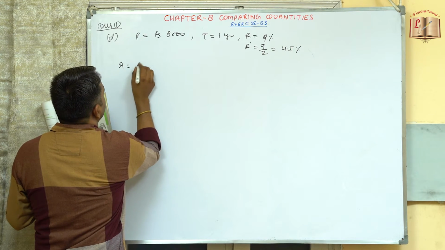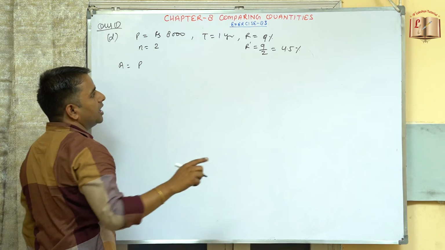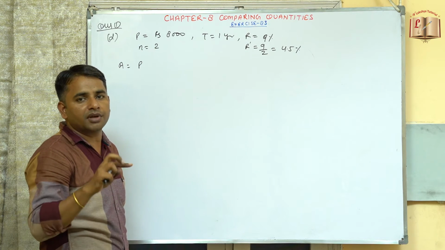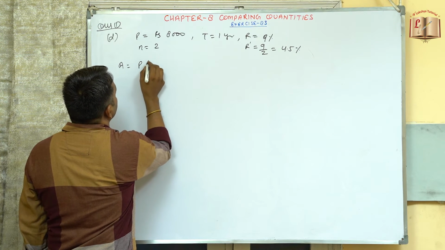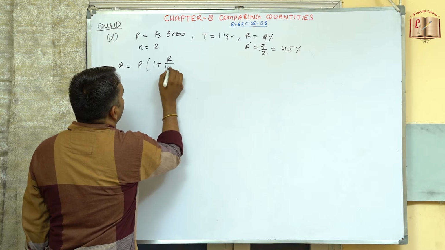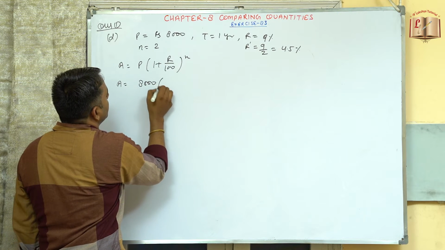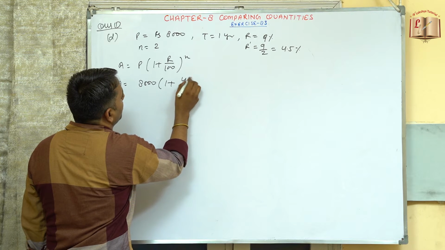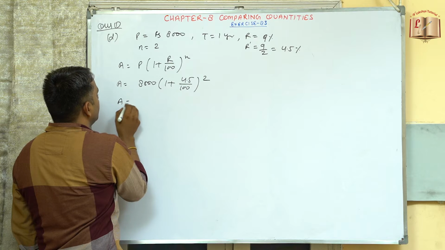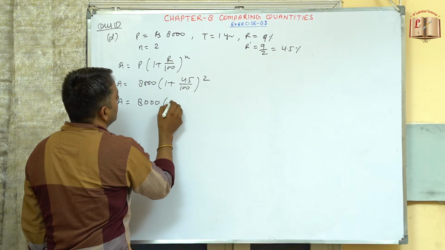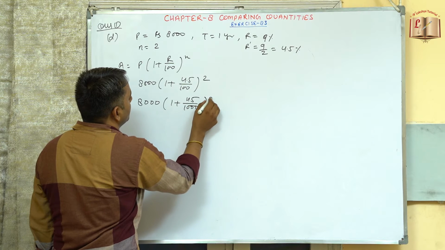So A will be equal to P times, here n will be 2 because 1 year is given and it is half yearly, so in one year there will be 2 halves. So A equals P times (1 plus R by 100) to the power n.